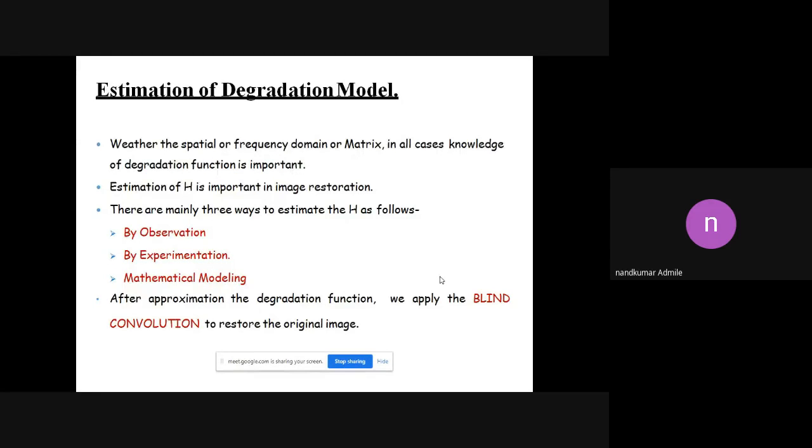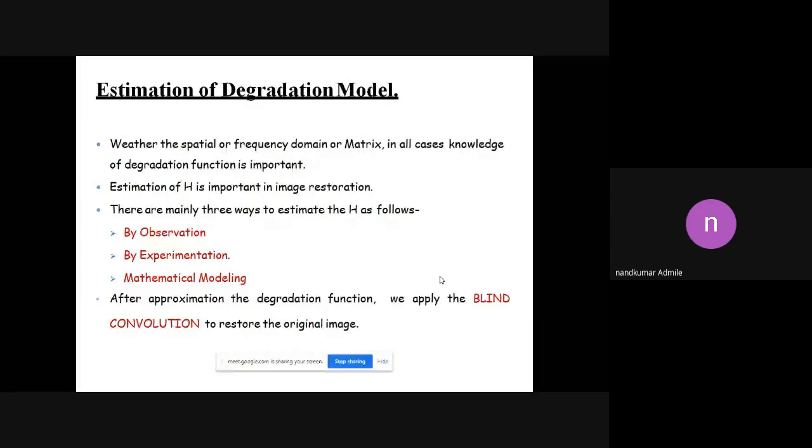As we studied, in the degradation model we use the degradation function, which is represented by the letter H. When we study the degradation model, we have to estimate the degradation function H. So now we have to calculate the degradation function.